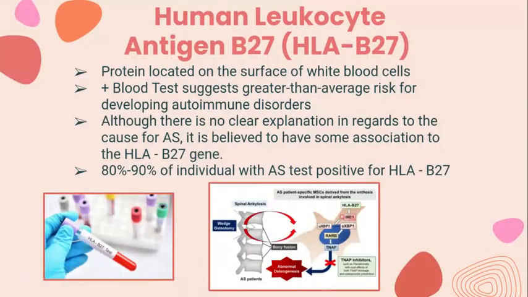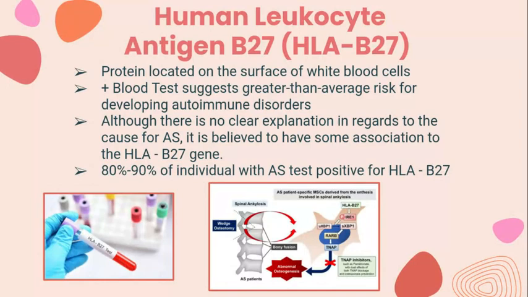So for HLA-B27, or human leukocyte antigen B27, this is a gene, and when you test positive for it means that there's protein located on the surface of white blood cells, and a positive blood test suggests greater than average risk for developing autoimmune disorders like ankylosing spondylitis.